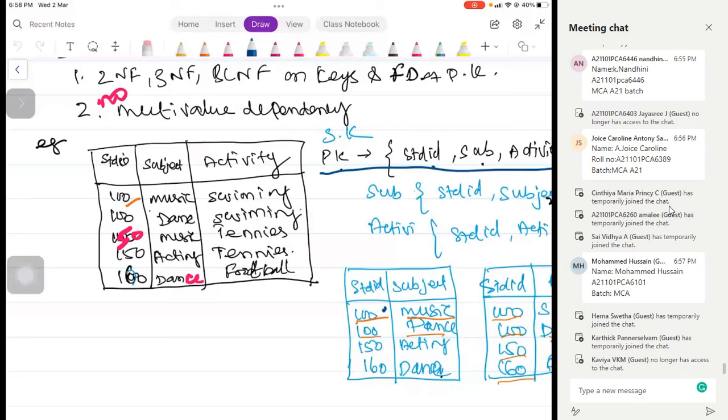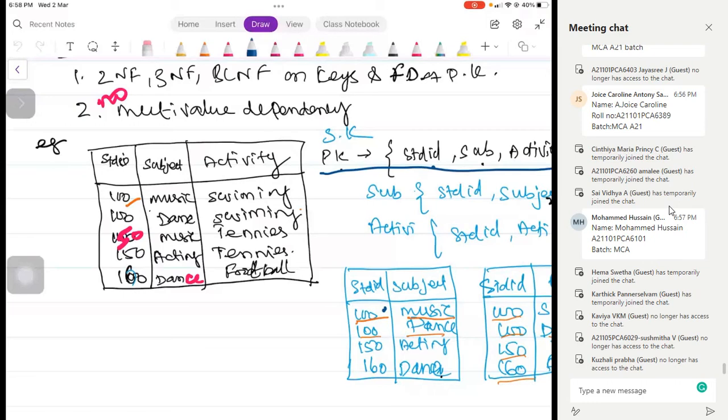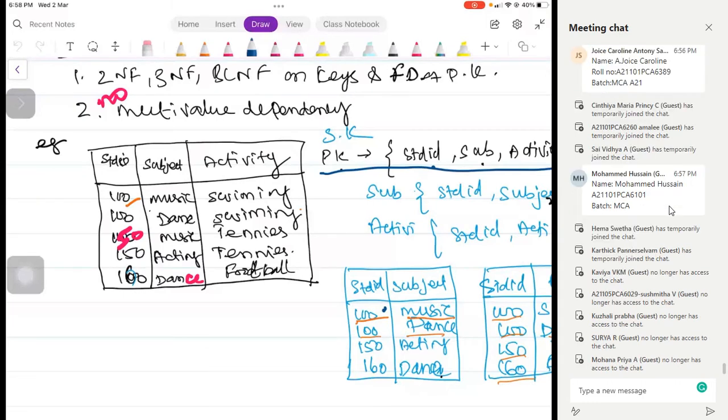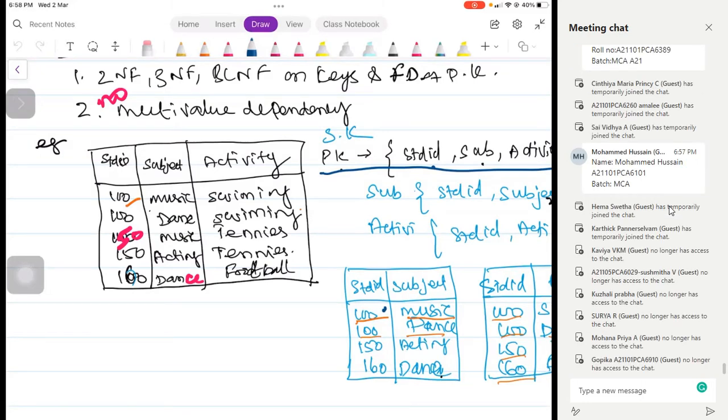And 150, he may play music as well as tennis.